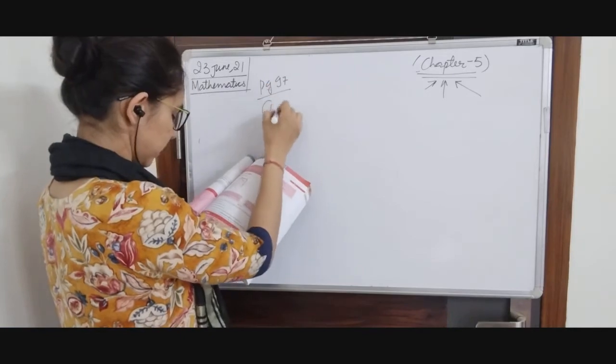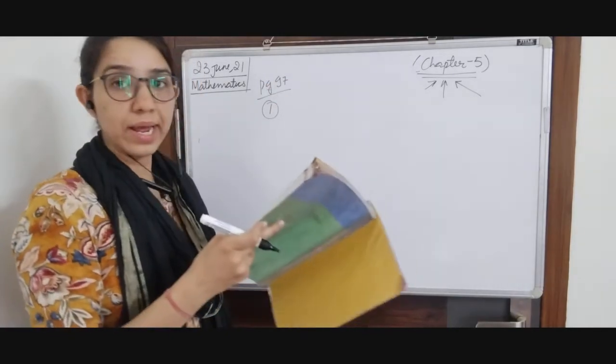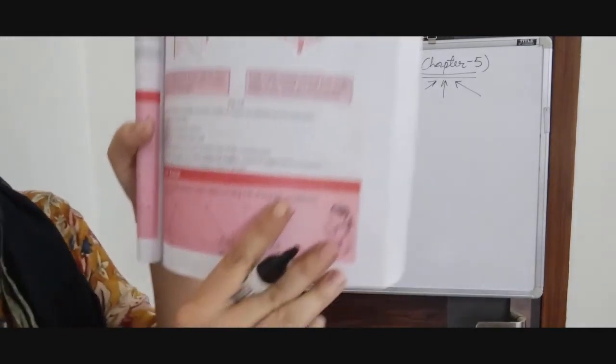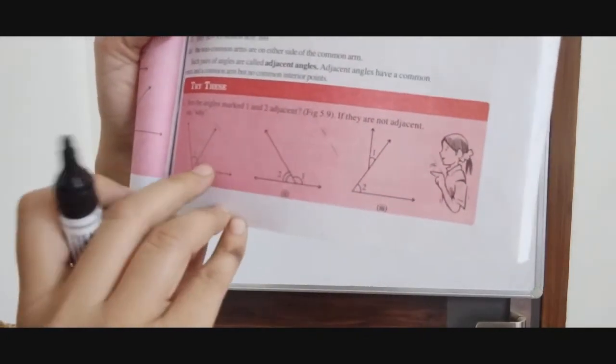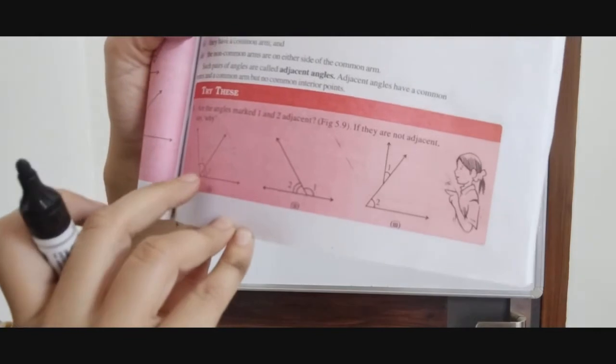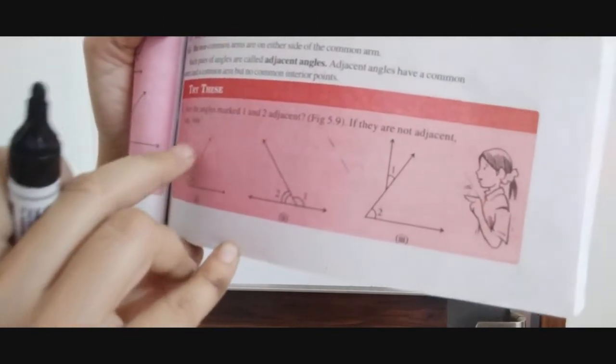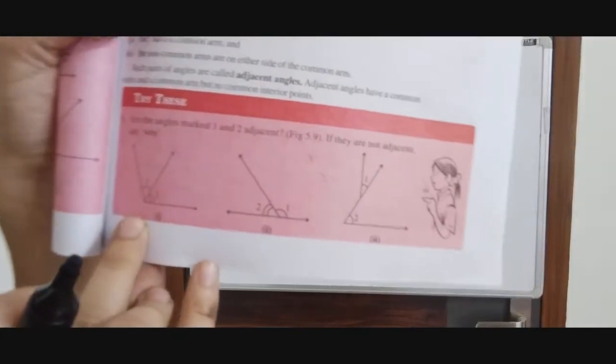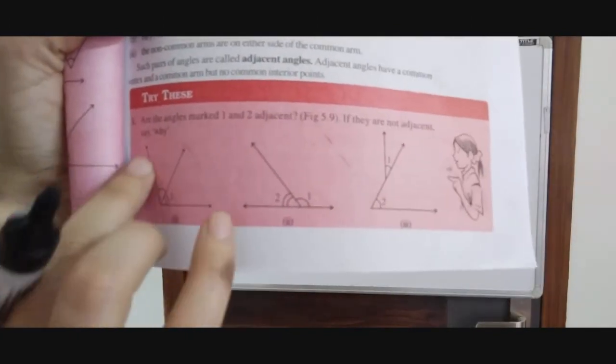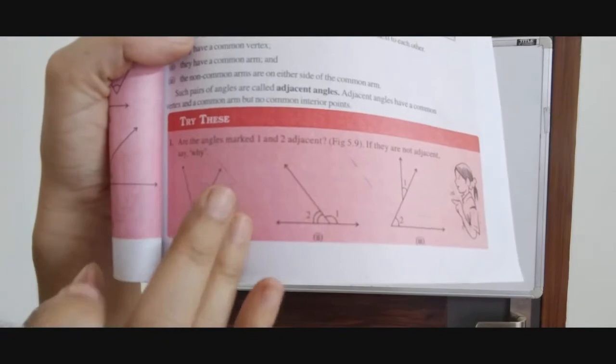Okay, first one is angle marked as 1 and 2, adjacent? So here we have this 1 and 2. They are adjacent. Why? Because they have a common vertex, which is this, a common arm, which is this one, and non-common arms, this and this, are lying on the opposite sides of the common arm.